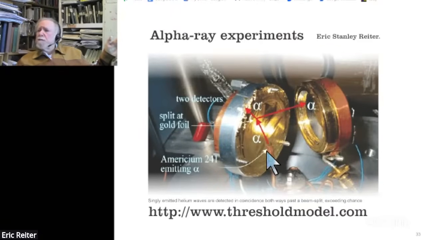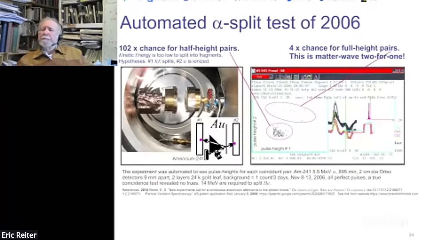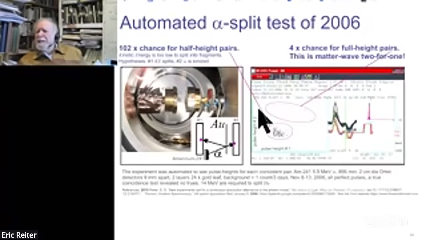So I do helium in the form of the alpha ray, which emits one at a time. I do the beam split off a gold foil in this case to see what does it do. So in this experiment, I did a lot of work to automate the LeCroy oscilloscope to sort out whether the pulses were half height or full height. Most of the pulses were half height.